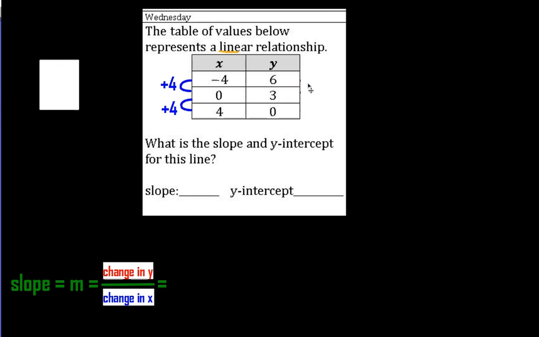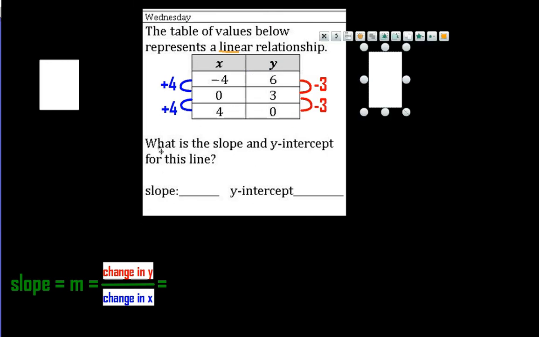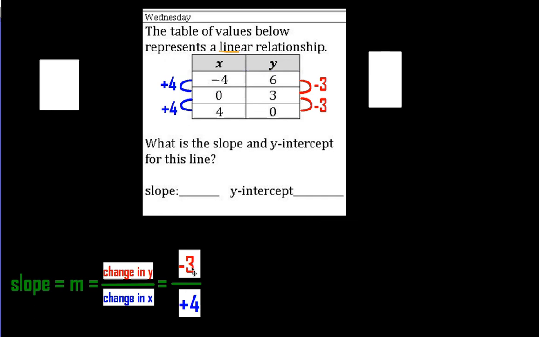Now our change in y, let's see. I'm starting at 6. I'm going down to 3. And so that's going to be -3 now. And I'm going from 3 to 0, which is still -3. So my change in y is going to be -3, and my change in x is going to be +4.